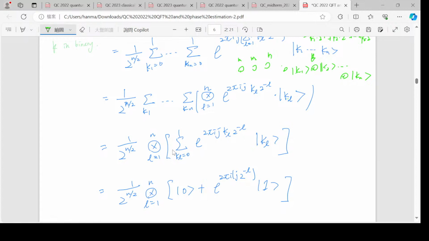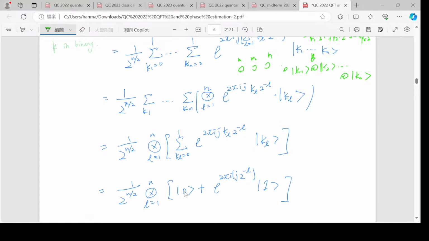If you actually write down this summation, each k_o is between 0 and 1. So now you put k_o equal to 0 and 1 here. If k_o equals 0, then this vector is 0 because you have a 0 here, and e to the 0 is 1.